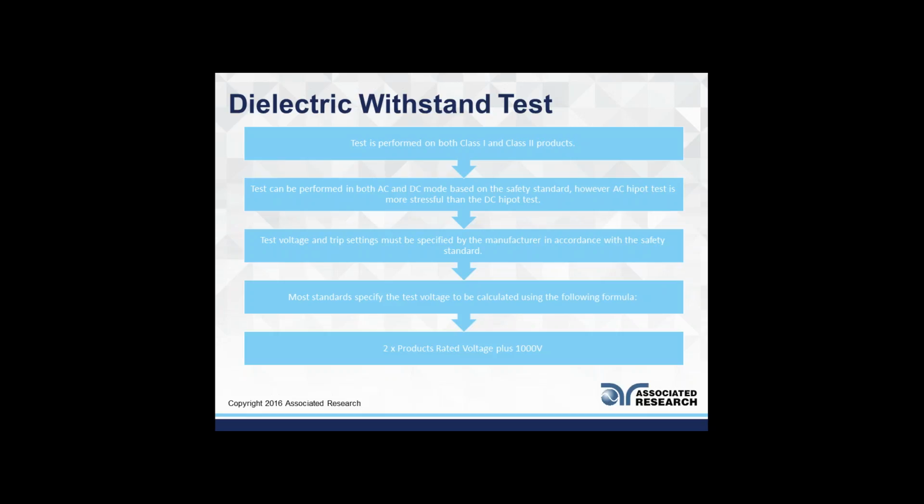This will be an approximation of what the standards are looking for, applied between line and neutral shorted and then measuring on the return. So you're applying a potential of 1,480 volts between those 2 points to make sure there are no cracks or pinholes in the insulation that could cause it to break down over the lifetime of a product.